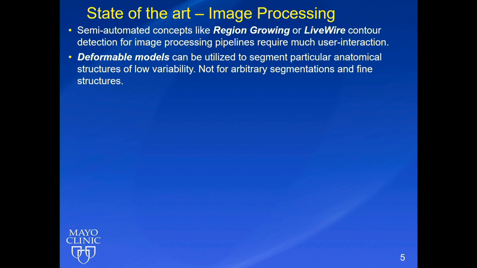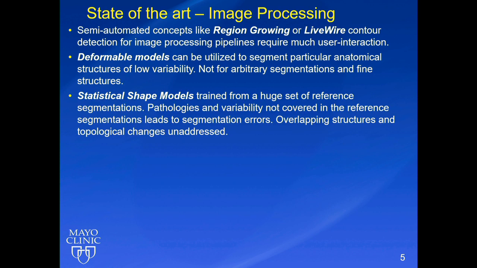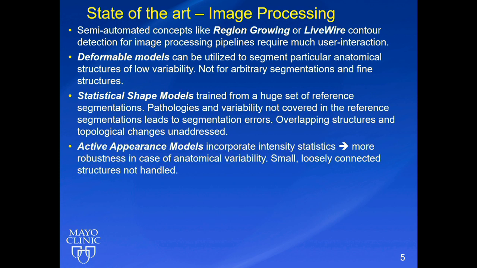Other methods like deformable models, statistical shape models or active appearance models have a higher level of automation, but it's pretty much effort to adapt and adjust them to the specific medical segmentation domain.